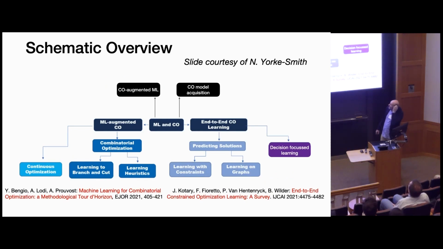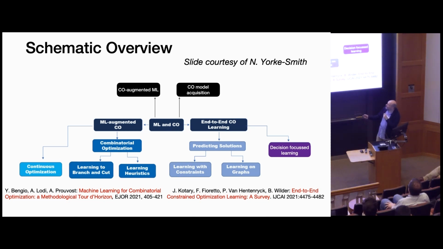So this is a schematic overview. The slide is a courtesy of my friend and colleague Neil Yorke-Smith, about the interaction, or cross-fertilization, or whatever you want to call it, between machine learning and discrete or combinatorial optimization. There are several parts here.